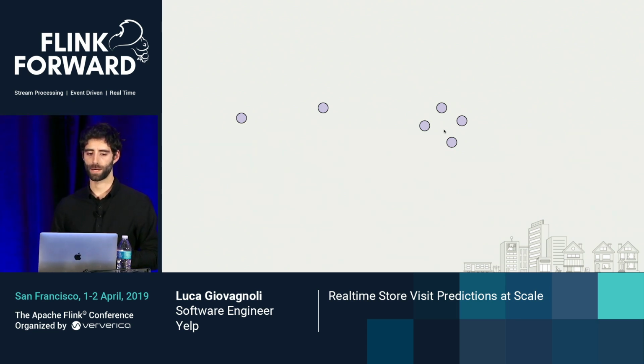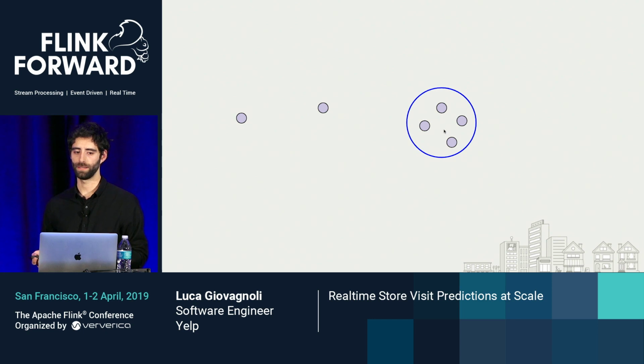So we want to know if someone has a stopover, or what we call a visit. It's safe to assume in this picture that a visit would be where most pings are grouped, because someone might have been there for a while, and so we got multiple samples from there. We call this a visit.